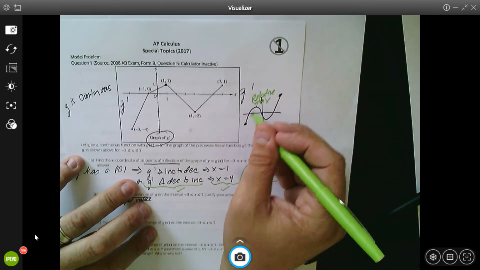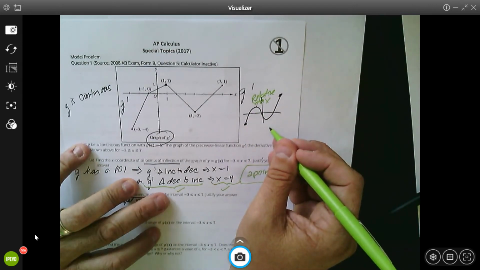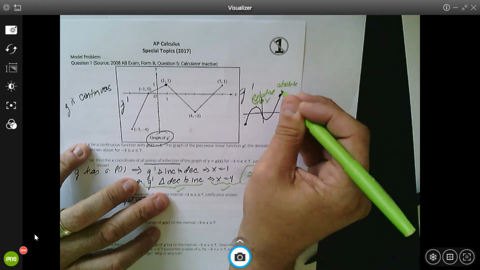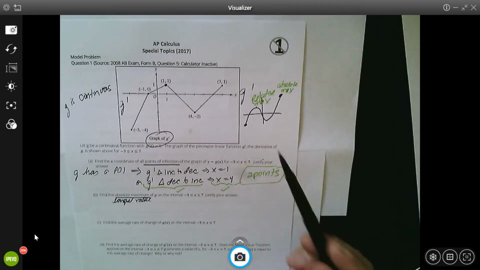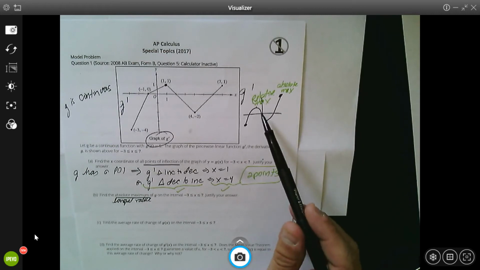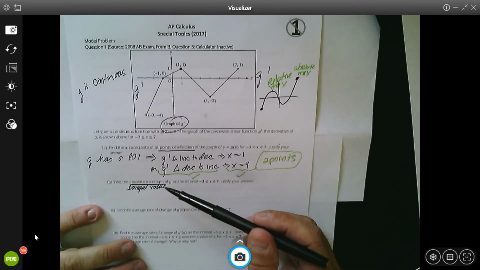This is just a place where the graph stops increasing and starts to decrease, whereas the highest point is at this end point. This is your absolute max. So you got to be really careful and make sure you know what type of maximum we're talking about, relative or absolute. In this case, we want the absolute.